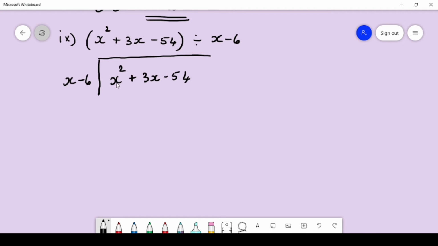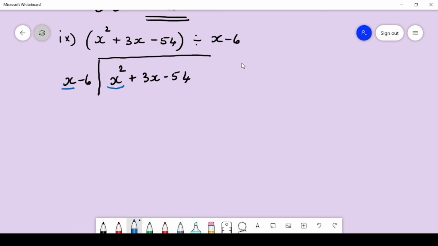Next step, divide the first term in the dividend by the first term in the divisor to obtain the first term of the quotient. So which is the first term in the dividend? Here x square is the first term in the dividend and x is the first term in the divisor.